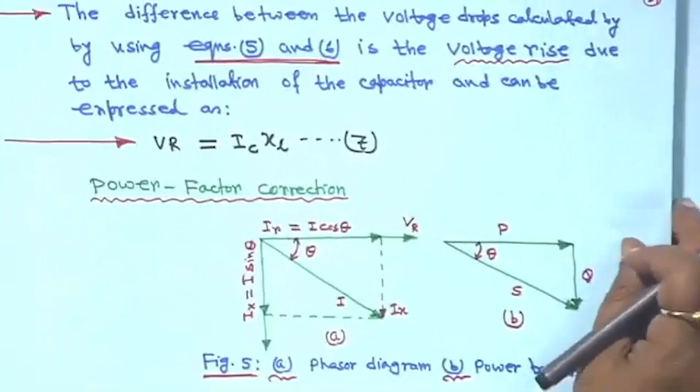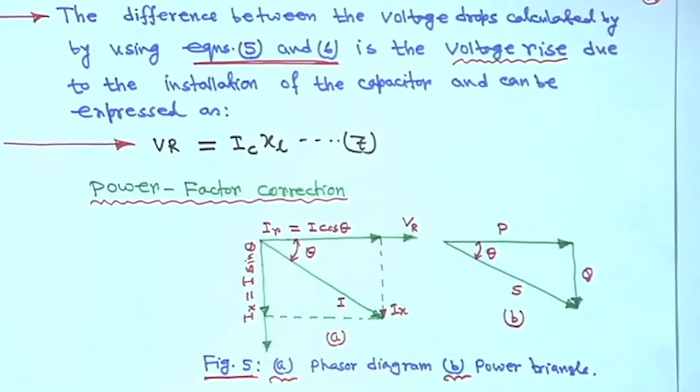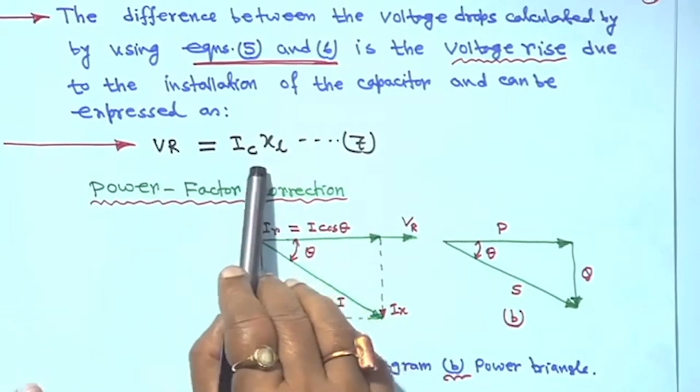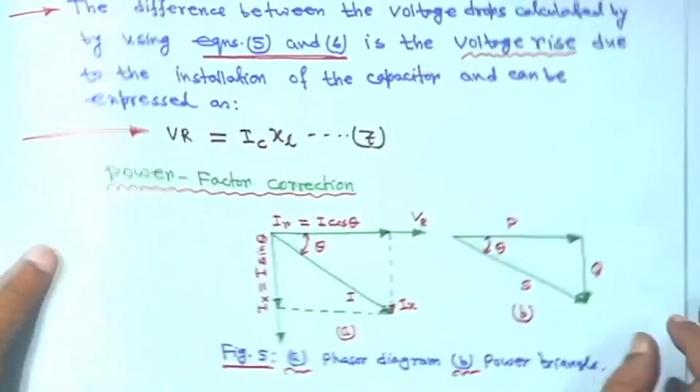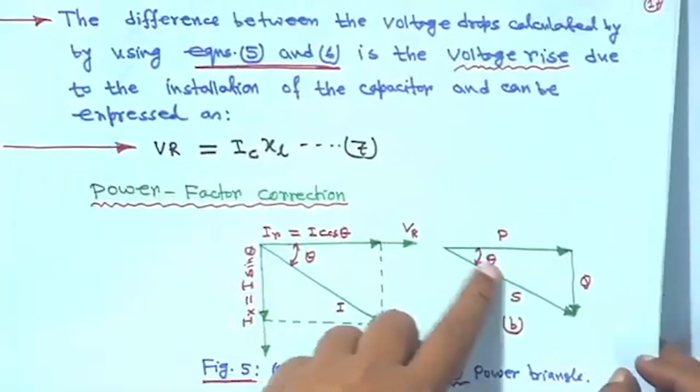This is as far as voltage drop reduction is concerned. So this much is the voltage rise, and this is your power triangle, and the angle of course is theta.